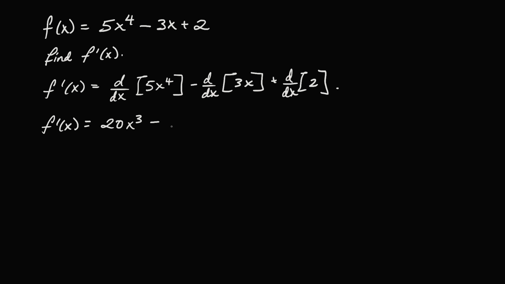And then minus the derivative of 3x, which is just going to be 3 because x is the variable, and since it's by itself with no exponent larger than 1, it's going to be, of course, equal to 1. So we have minus 3. And of course, the derivative of any constant is just 0. So our answer here is just 20x cubed minus 3. That wasn't that bad, right?